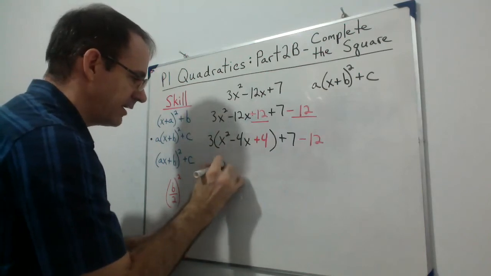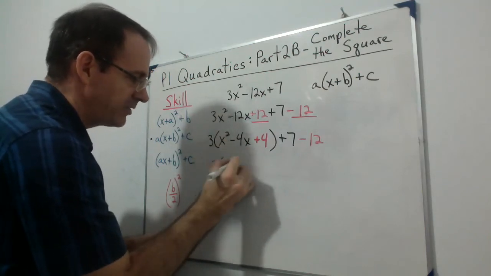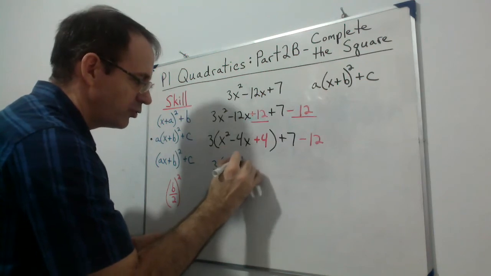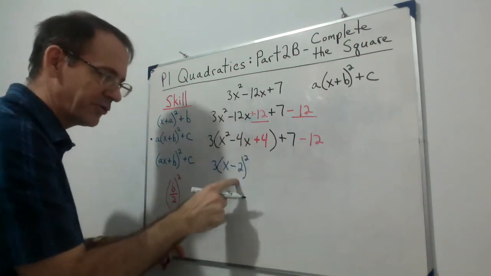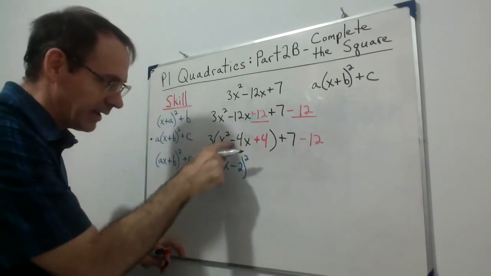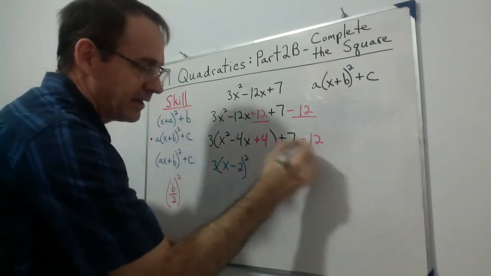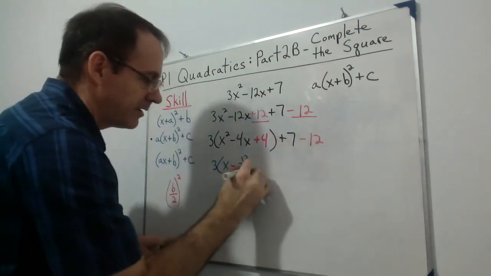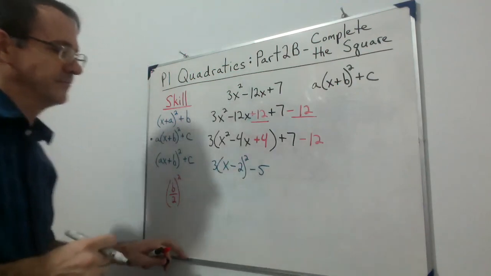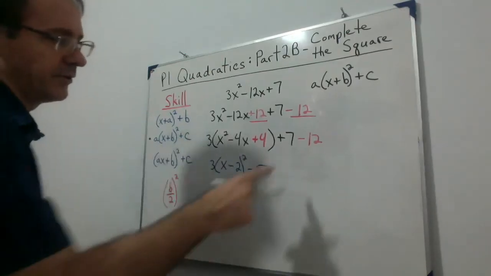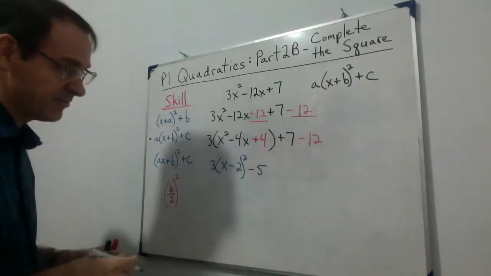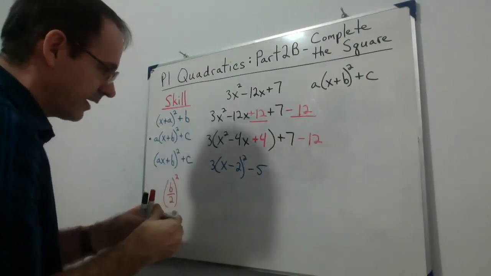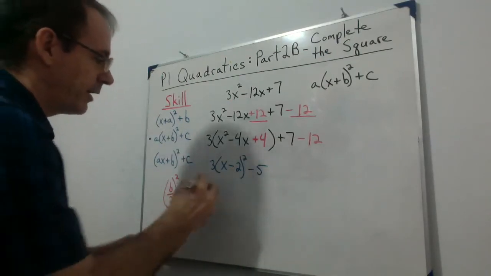So we have 3x minus 2 squared. The factors of 4 are 2 and 2. That give us 4, and the sign is minus. And then 7 minus 12 is minus 5. Okay, so it's negative because the 12 is negative. So we have that, and now we can identify our parts.